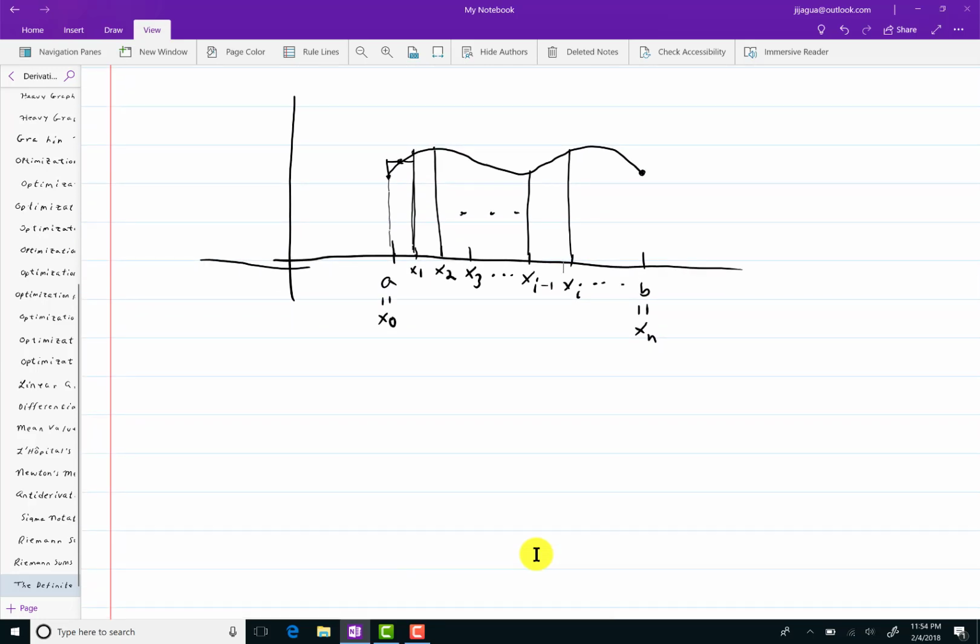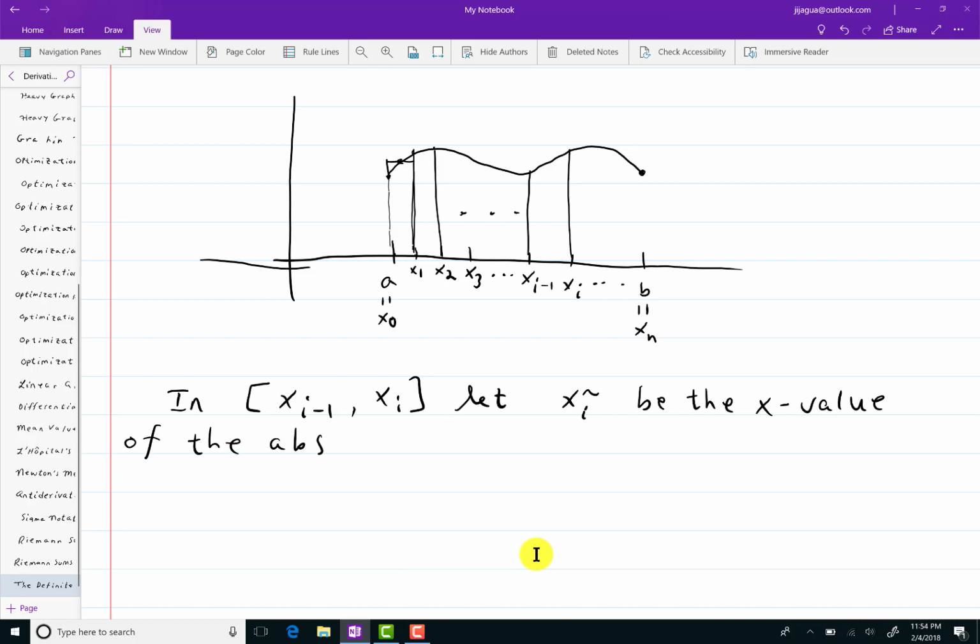So in the closed interval [x sub i minus 1, x sub i], let x sub i squiggle be the x value of the absolute min on the closed interval from x sub i minus 1 to x sub i.